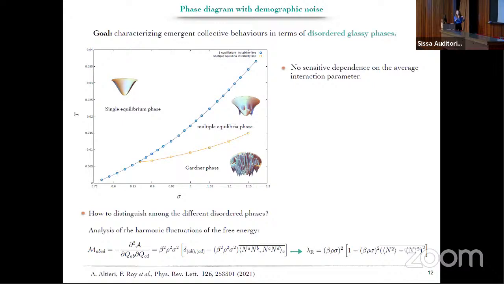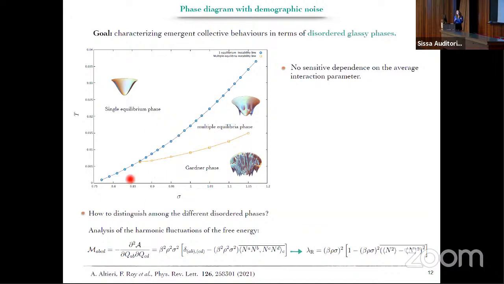And going deeper and deeper in t, or increasing sigma, the system will cross another instability line in orange and enters another more and more complex phase that is called Gardner. And I'm going to better detail why it's important, especially for glassy systems.